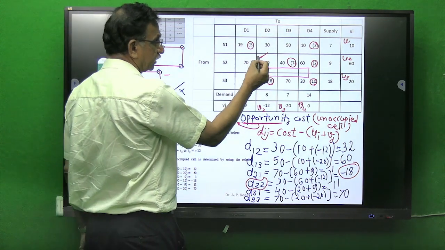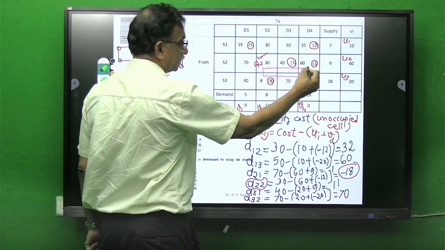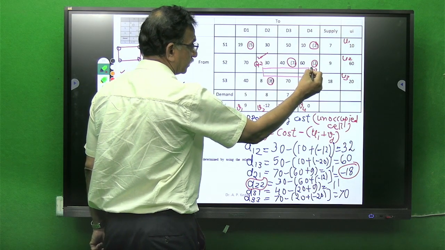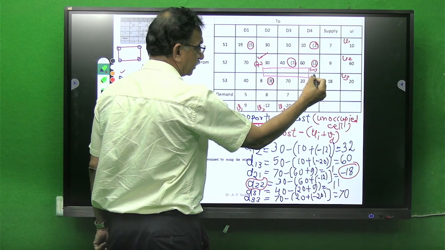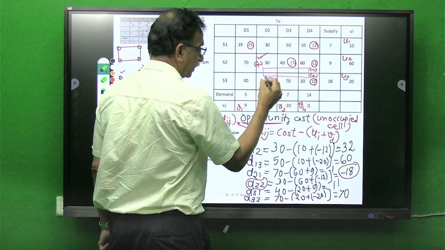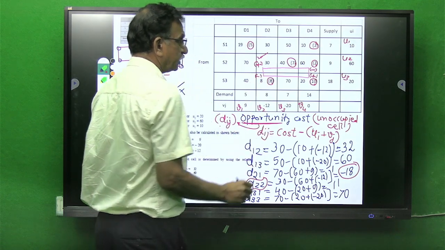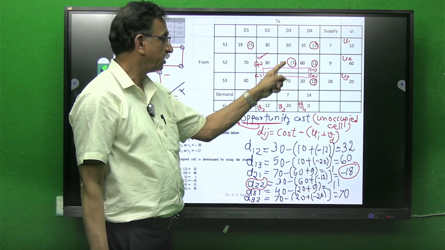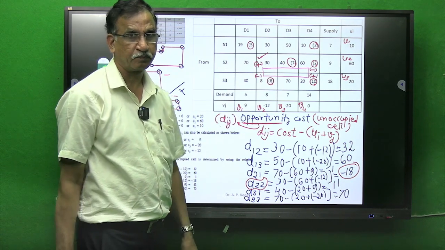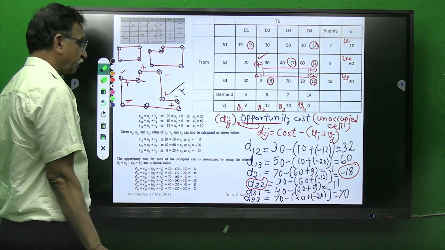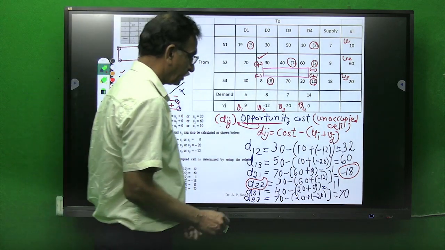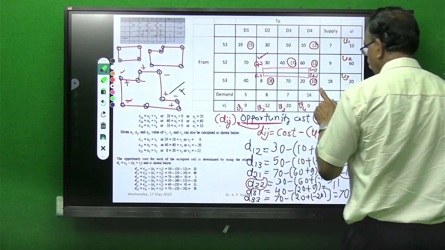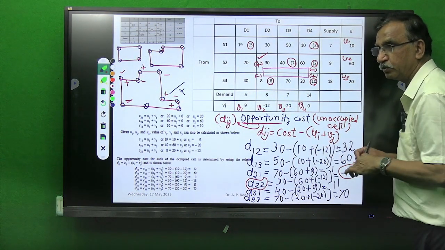So if I am marking this right side plus, this will be minus. Very, very important point. This will be plus and this will be minus. See that I have not given any sign to this allocation 17. Now the next step is to identify the allocated value.